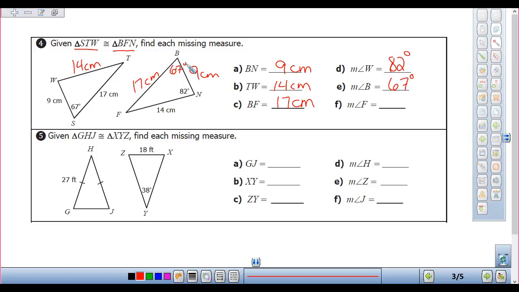Uh-oh, I don't know F and T. How? They add up to 180. So you take 180 minus 82 minus 67, which gives us 31. See how we got that?